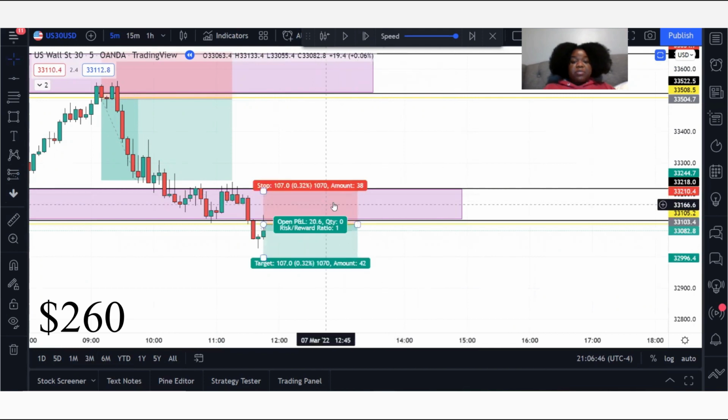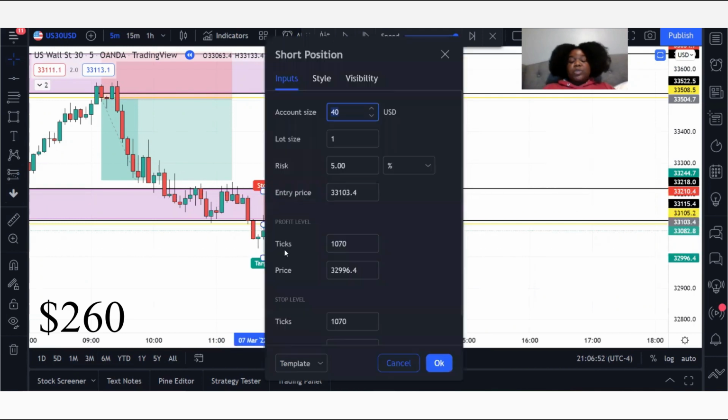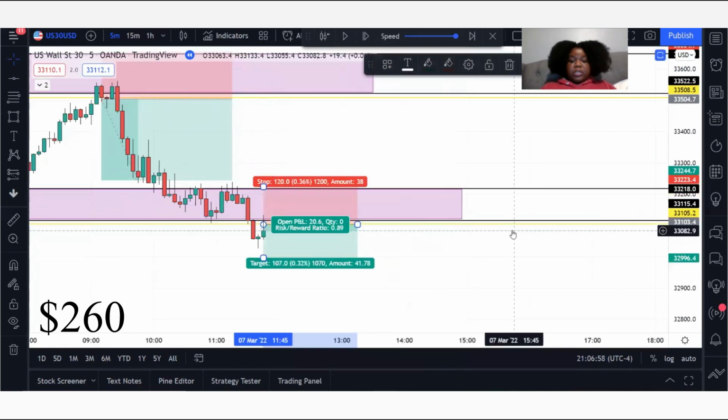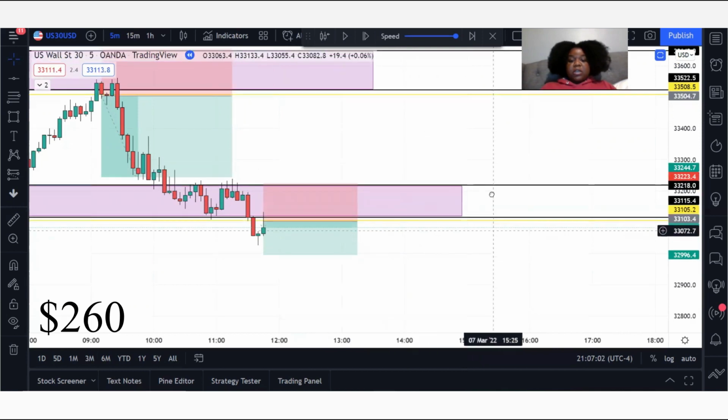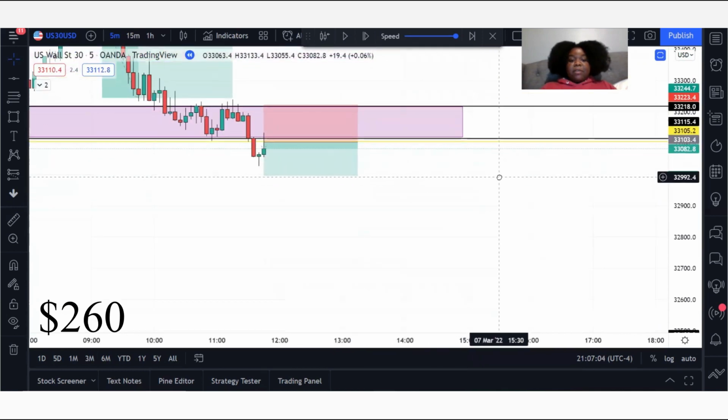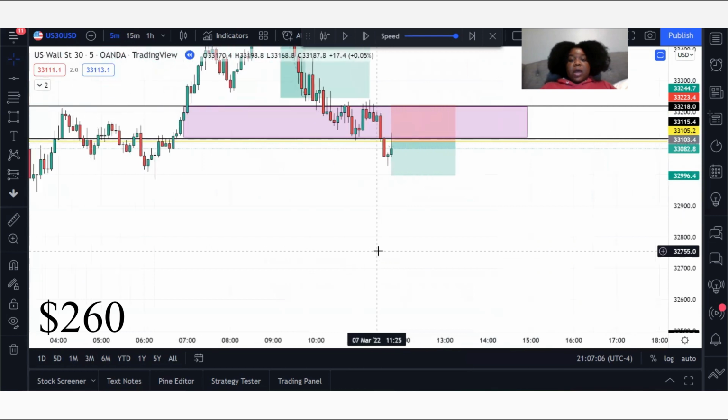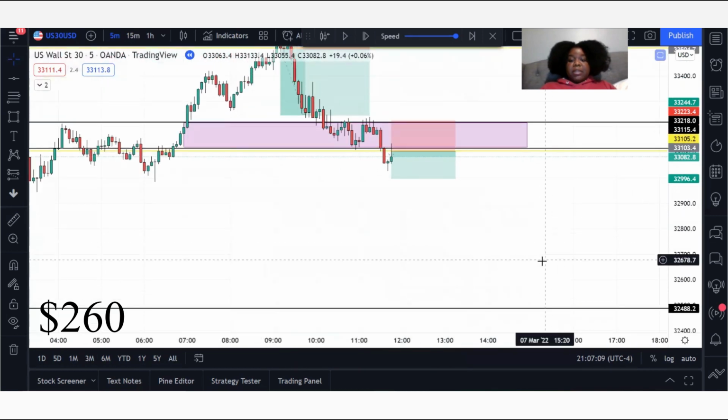Remember, I want my stop loss to completely protect me from my previous zone. So right now it's 100, so let's do 120. 120 stop loss. Okay, that's good enough, definitely a good amount of protection. And then for my sell, I am going to see where I drew my last zone.